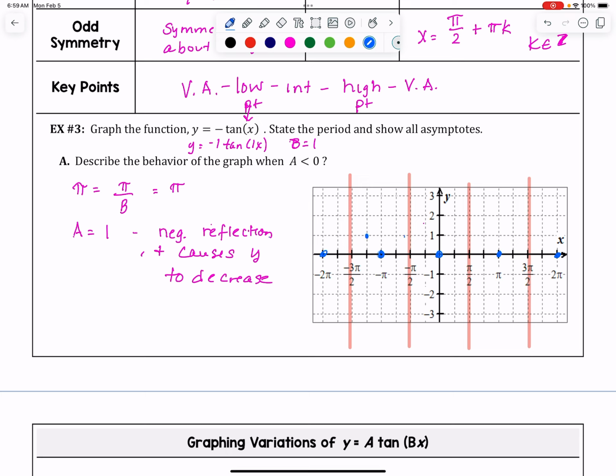So we're going to go high, low, high, low, high, low, and this time our tangent function is going to look like that, okay? So there it is. And this is going to come in like that. All right, so there it is. All right, so that's tangent.